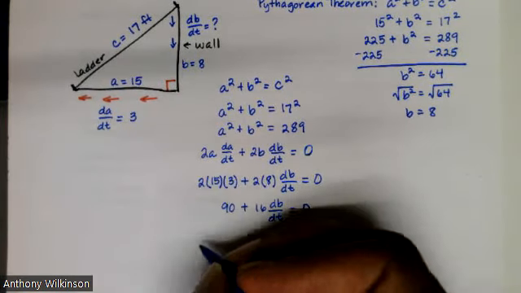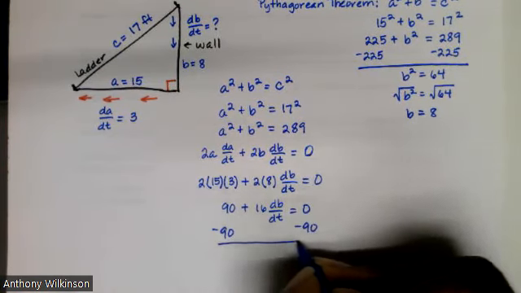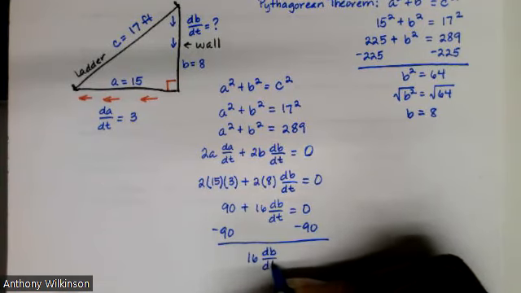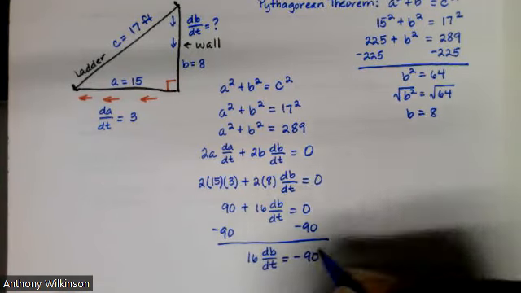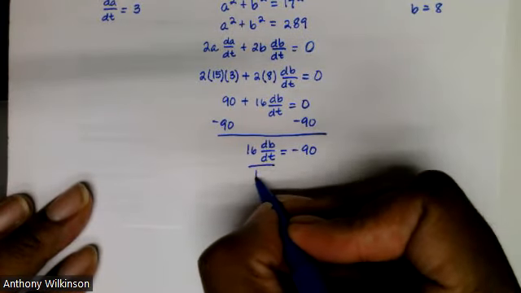And to get dB/dt by itself, I need to subtract 90 on both sides. So that means 16 dB/dt equals negative 90. Then divide both sides by 16.